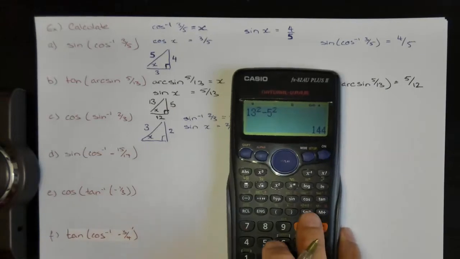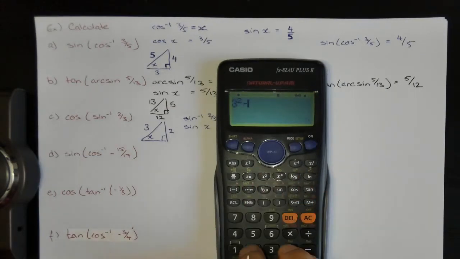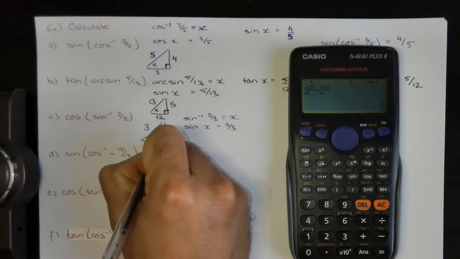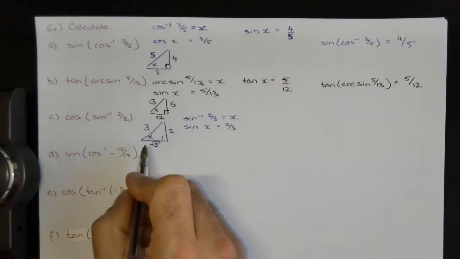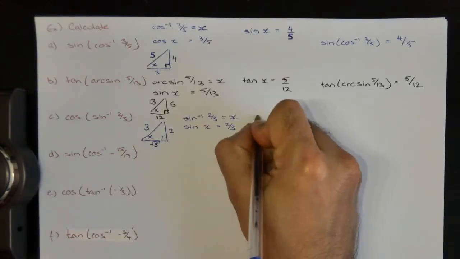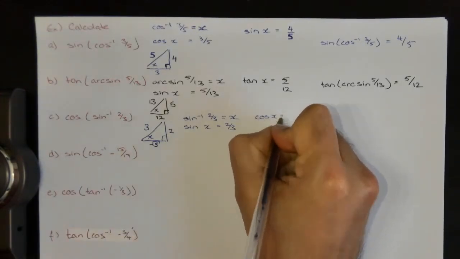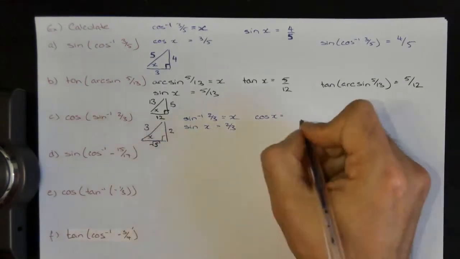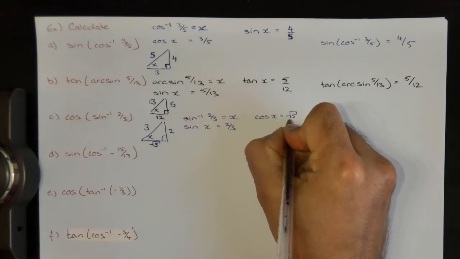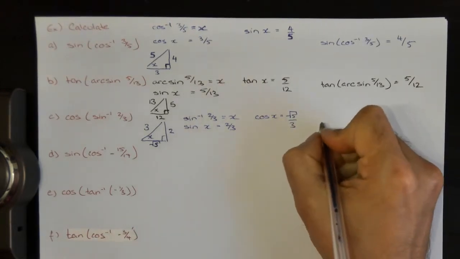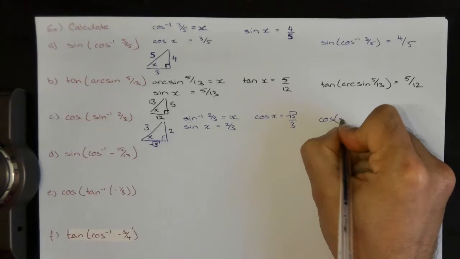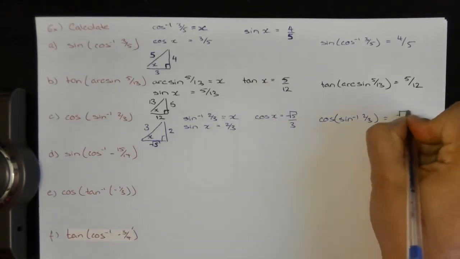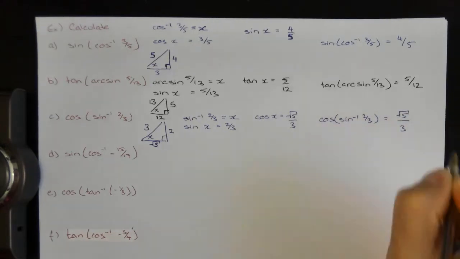Using Pythagoras, I want to find my adjacent: 3 squared minus 2 squared is square root 5. Now I want to find cos x, which is adjacent over hypotenuse, so that's square root 5 over 3. So the solution to cos of inverse sine of 2/3 is square root 5 over 3.